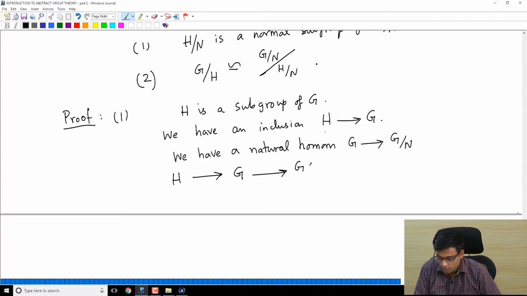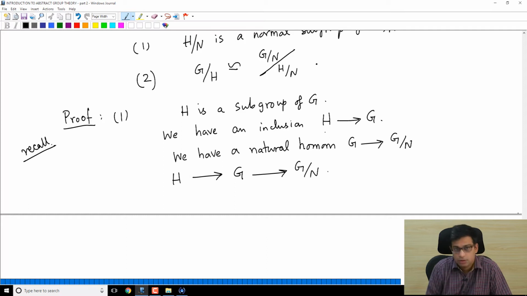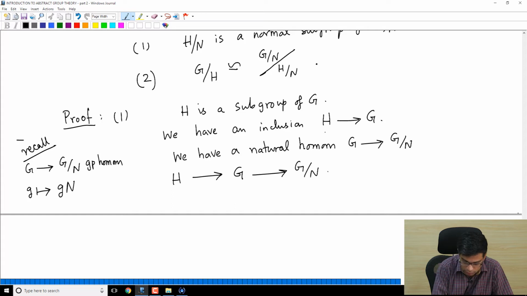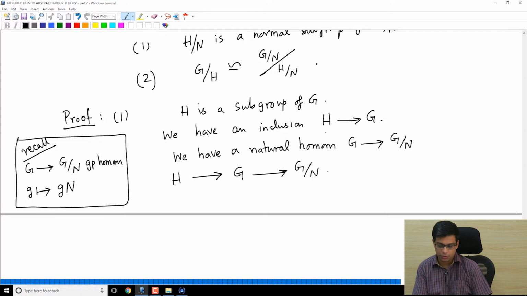And then we have the natural surjective map from G to G mod N. Remember, when I talked about quotient groups, I defined this natural map that always exists: g goes to gN. This is a group homomorphism. That is this second map, G to G mod N.